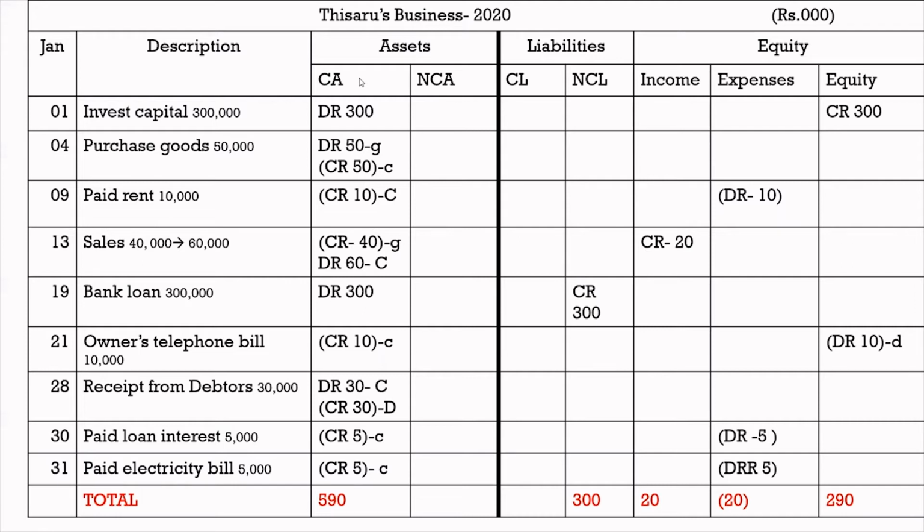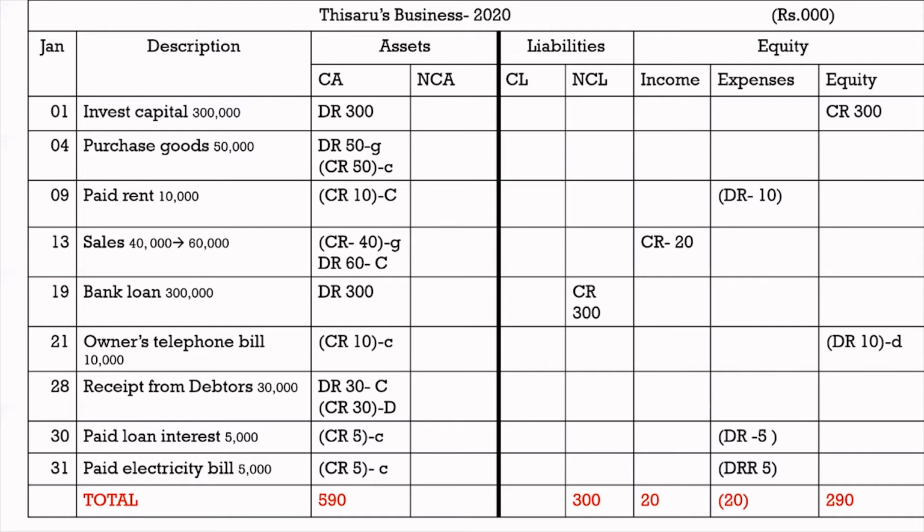According to the question given in your exams, you can expand it. But always remember, the total of assets should be equal to the sum of liabilities plus equity. Right? So let's see what the transactions are about and how we balance it.